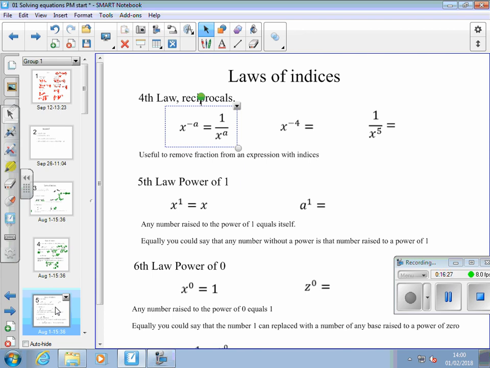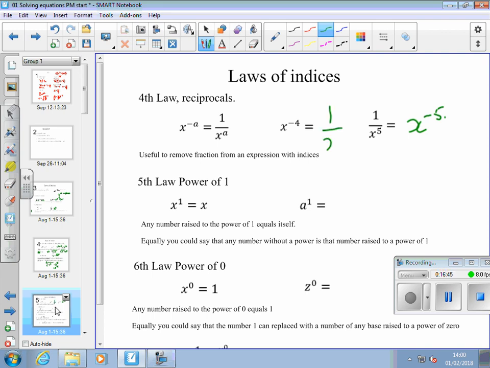We wouldn't be able to differentiate, for instance, 1 over x to the 5, but we can differentiate x to the minus 5. x to the minus 4 can be written as 1 over x to the plus 4. Reciprocal means turn the fraction upside down.